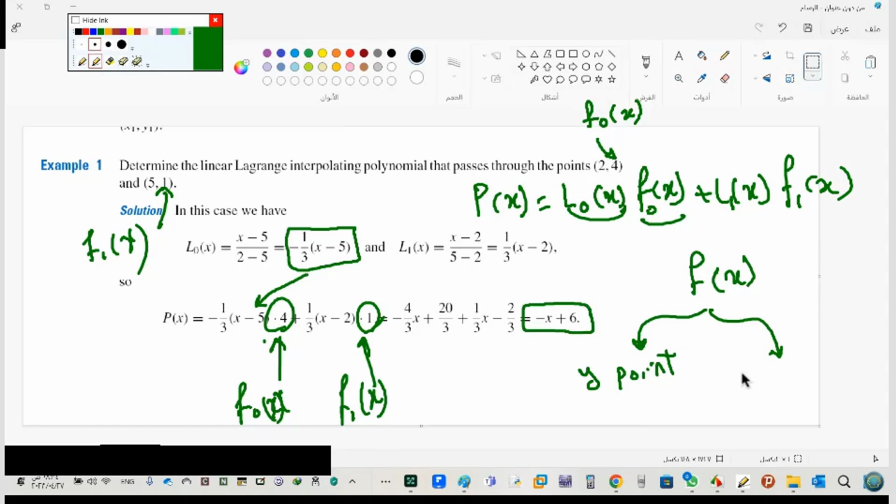Another way, I don't have y. I have just x, and for example they said fx equals a formula, for example, cosine x. So how can I find it? For x1 it is cosine x1, for x2 it is cosine x2, and so on. So for Fx, we have in our book two ways.